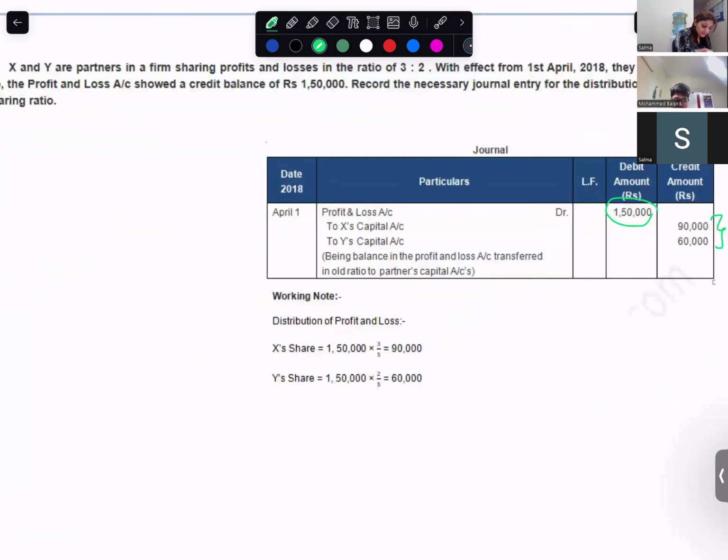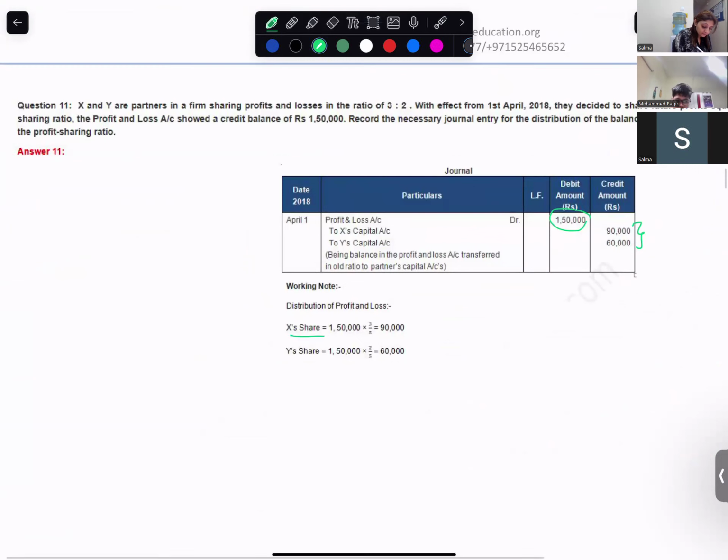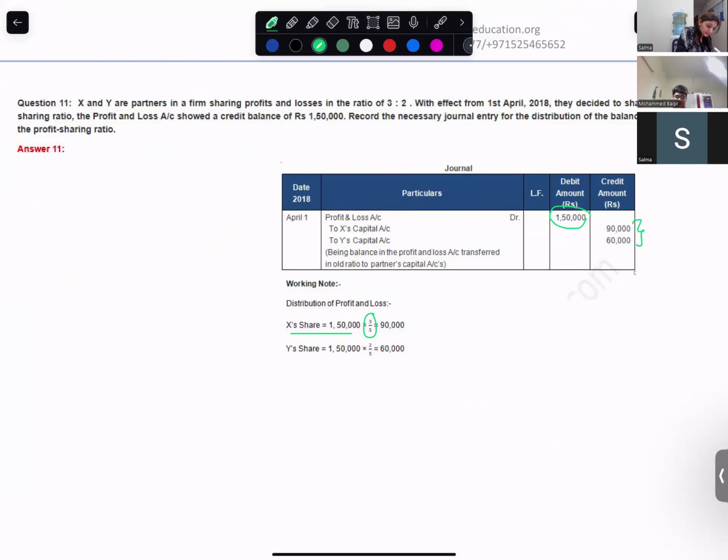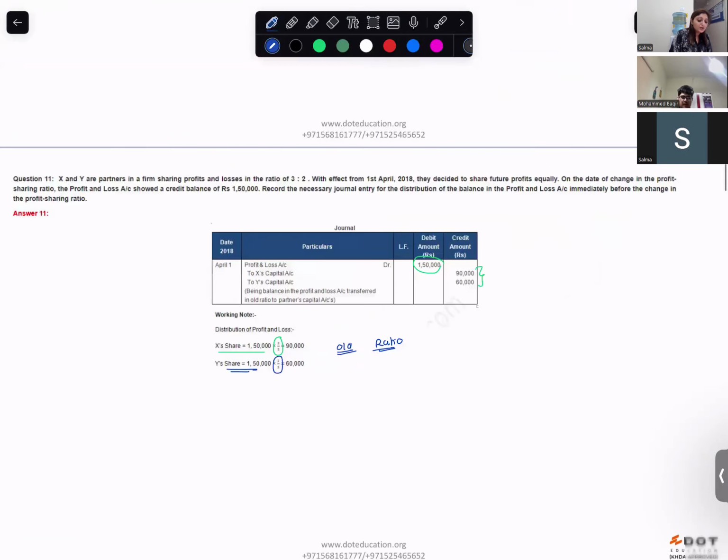So what would be X's share? 1,50,000 multiplied by 3 by 5, which is equal to 90,000. And Y's share would be 1,50,000 multiplied by 2 by 5, which is 60,000. This is the old ratio you distribute it in. So this is just the normal distribution of your undistributed profits. Are you with me?